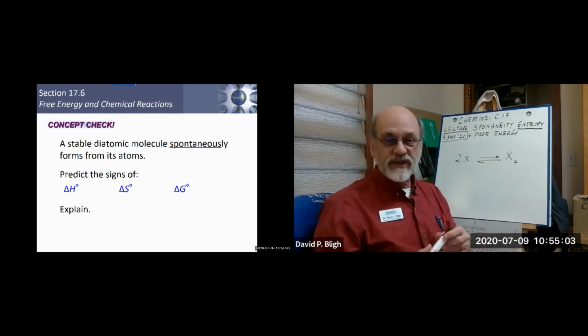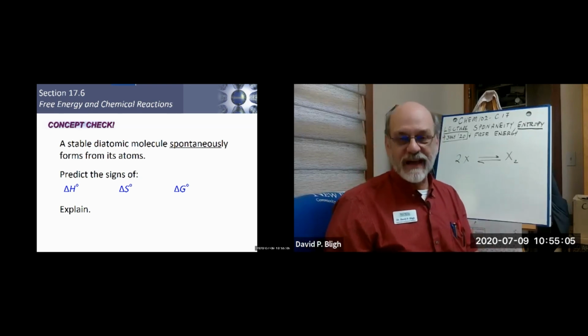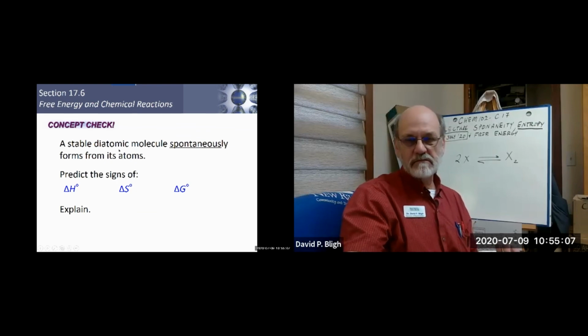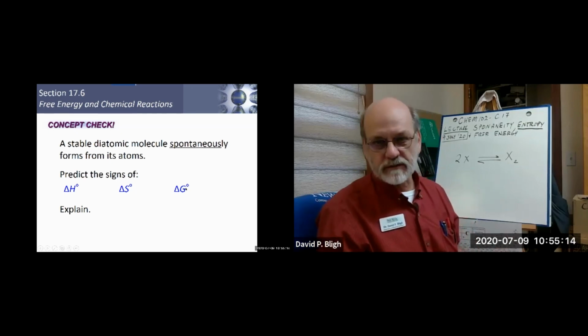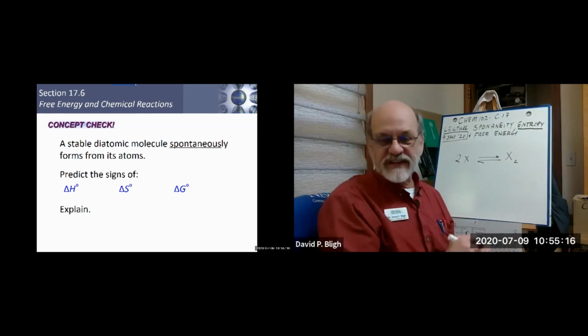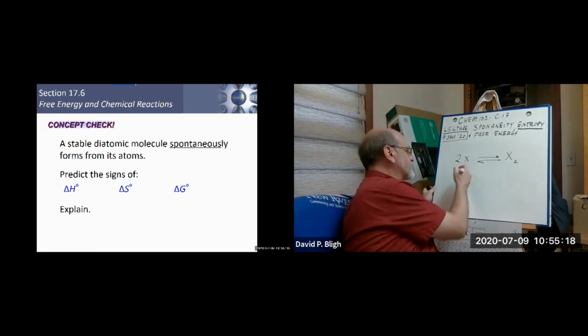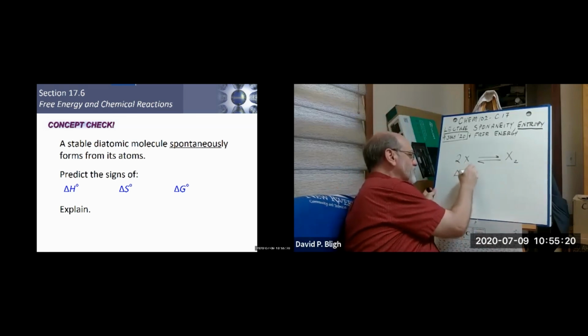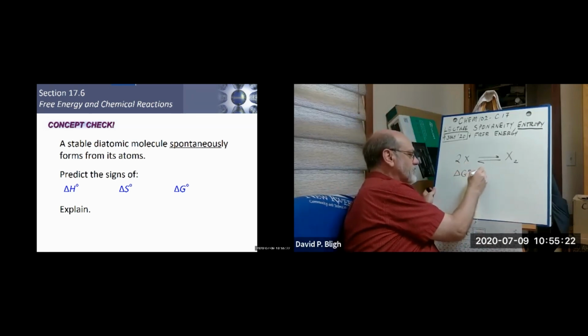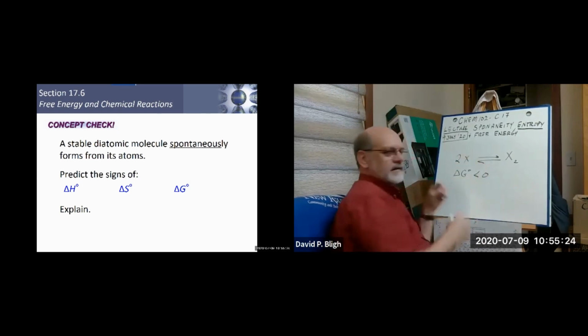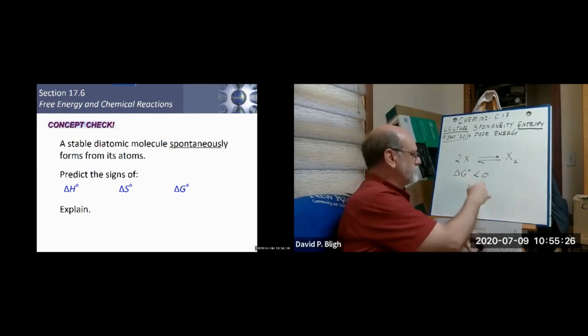All right, what can we say about the signs? Well, I think it's best to look at delta G first. The key is spontaneous. If it's spontaneous, delta G has to be negative, less than 0.